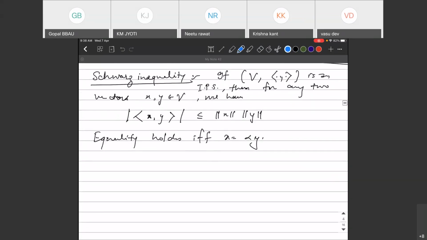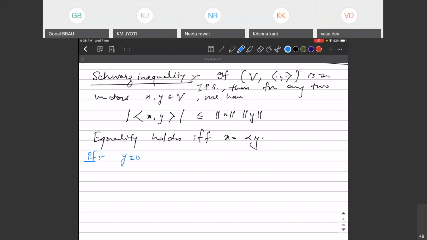Let's see a proof. I think you have already seen a proof of this somewhere, I don't know where, in a linear algebra course or in your BSc. So let's recall again.